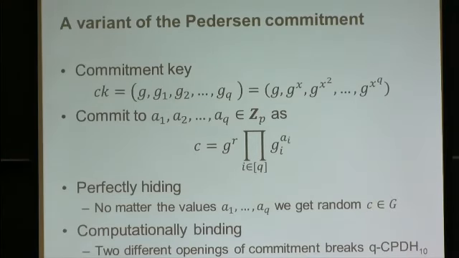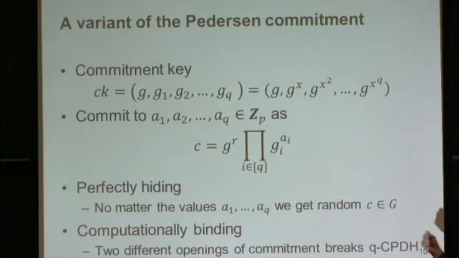In order to commit to a bunch of elements, a1 through aq, we compute g to the r and the product of the gi's raised to the ai's. So this is really like a standard Pedersen commitment scheme, and it's a perfectly hiding commitment scheme.